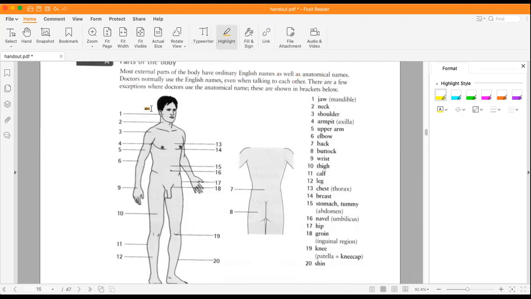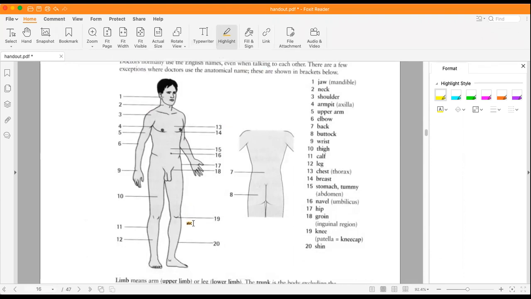All right, and as we have taken in this picture, these are the most common body parts that you will use.